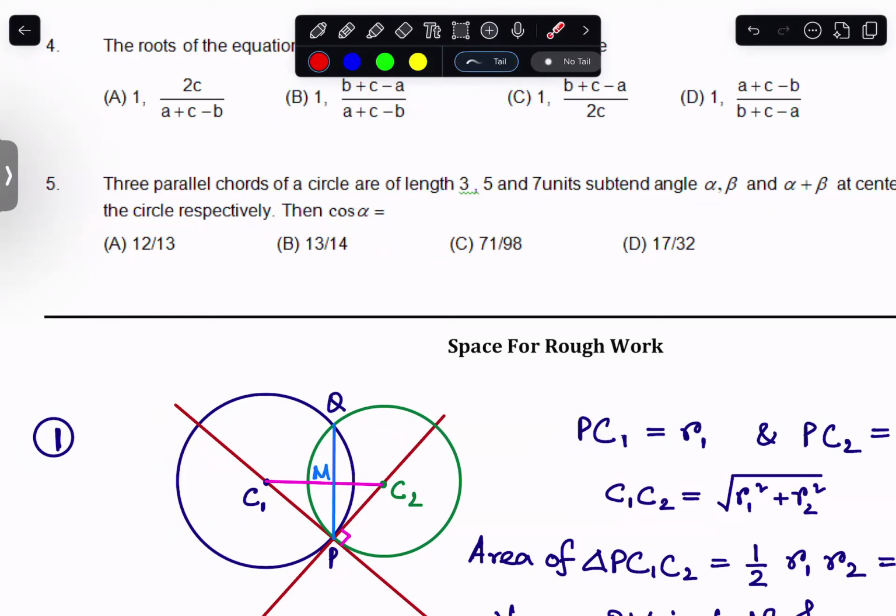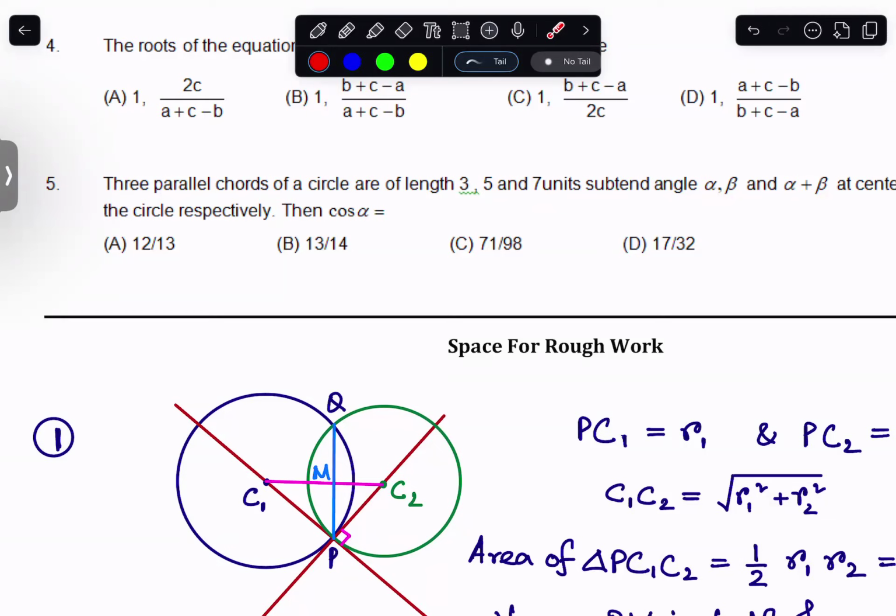It doesn't matter where the chord is in the circle. If the length is fixed, the angle subtension is also fixed. So in this question, the word parallel does not make much sense. That's the first observation. Even if we consider 3 chords of length 3 unit, 5 unit, and 7 units, and even if they are not parallel, still the angle subtension will remain alpha, beta, and alpha plus beta.